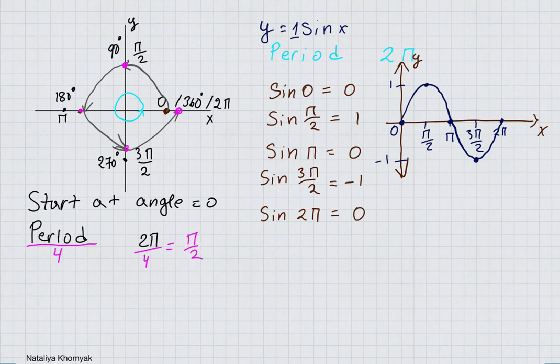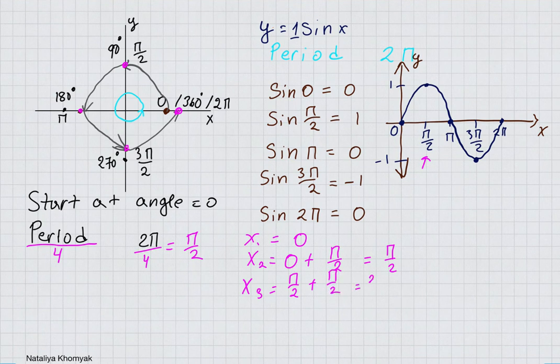To get the x values algebraically, the first x value is always whatever makes the angle of the sine function 0. In this case it was 0. The next x value: you take the previous angle and add a quarter of the period to it, which simplifies into pi over 2. So the second x is pi over 2. The next x value: you take the previous value, pi over 2, and add a quarter of the period, so plus pi over 2 again.